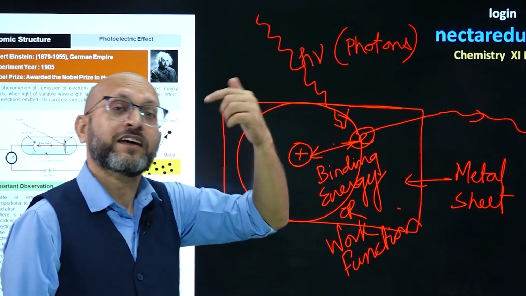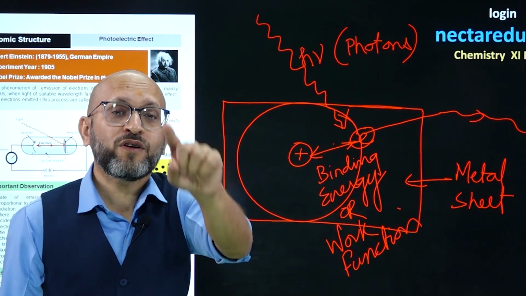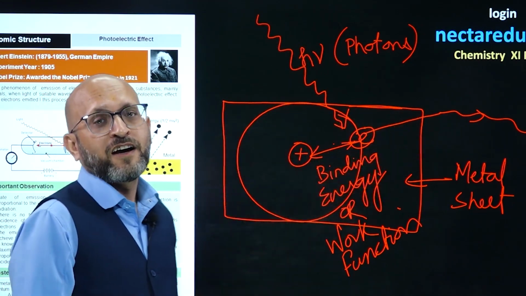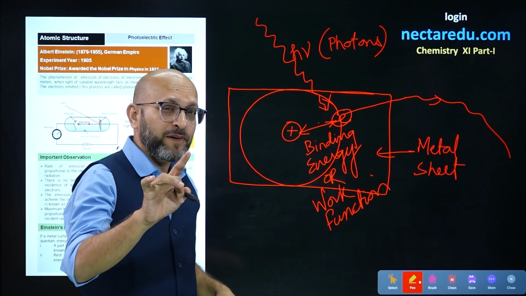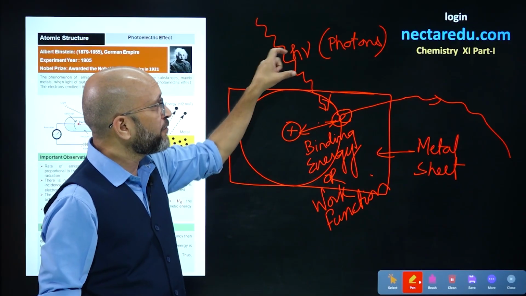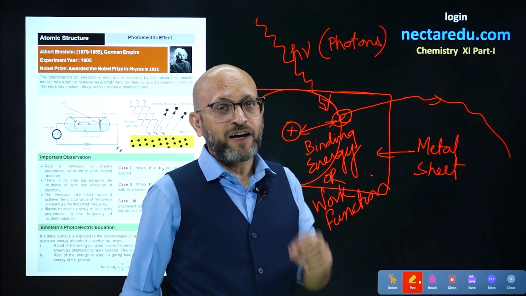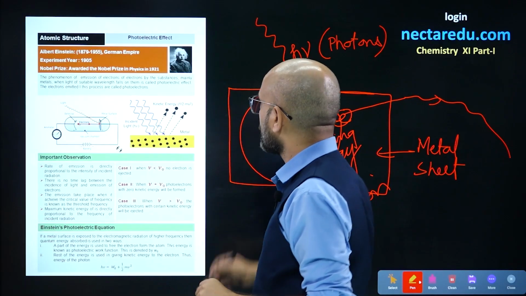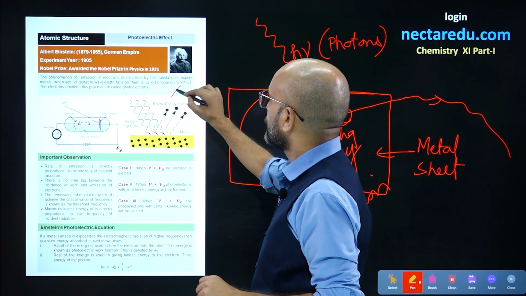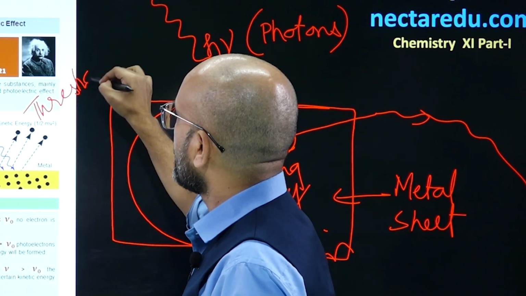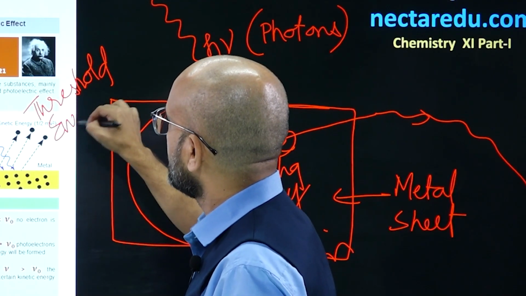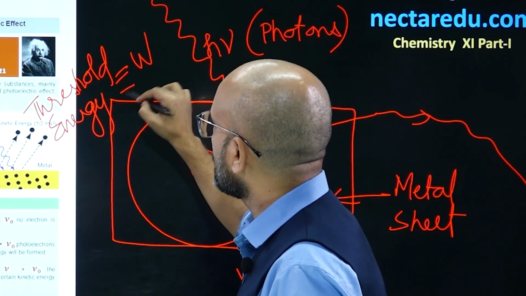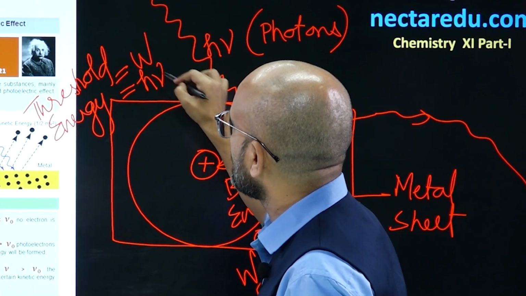The electron removed by a photon is known as a photoelectron. To remove this electron, the photon should have a minimum energy known as threshold energy. The threshold energy of a photon should be equal to the work function of the metal, and the work function of the metal can be calculated as h nu naught.